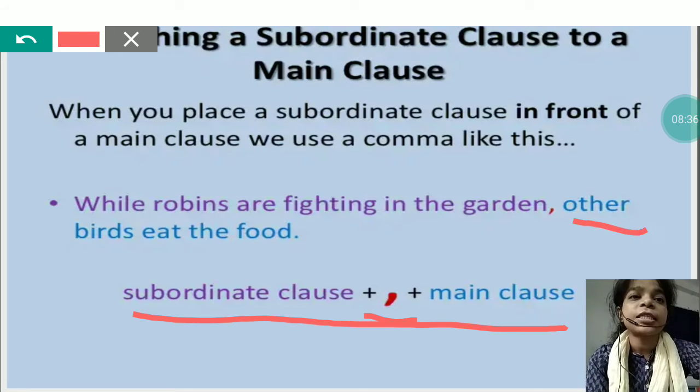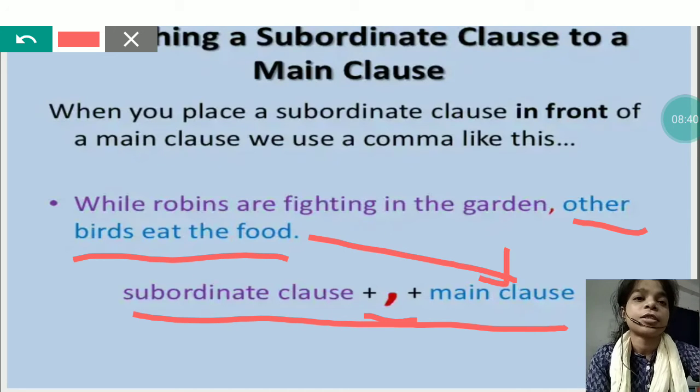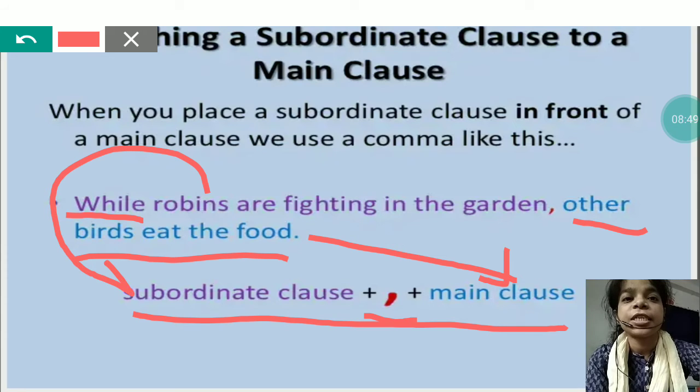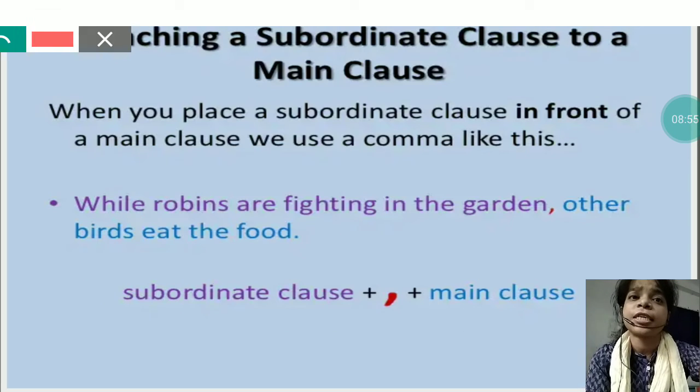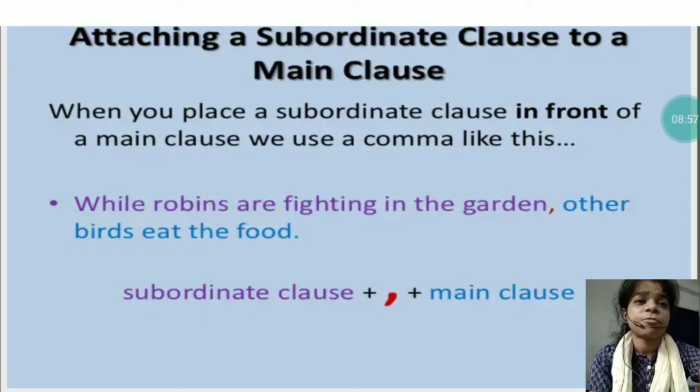"Other birds eat the food" is a complete sentence, so it is a main clause. But "while robins are fighting in the garden" has the subordinate conjunction "while," so it is a subordinate clause. So if we use a main clause and a subordinate clause in a sentence, we need to separate them, and for separation a comma is used.